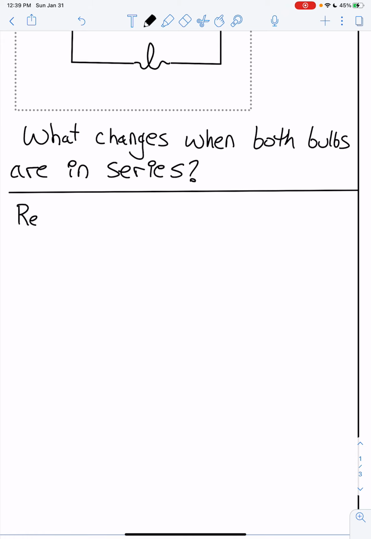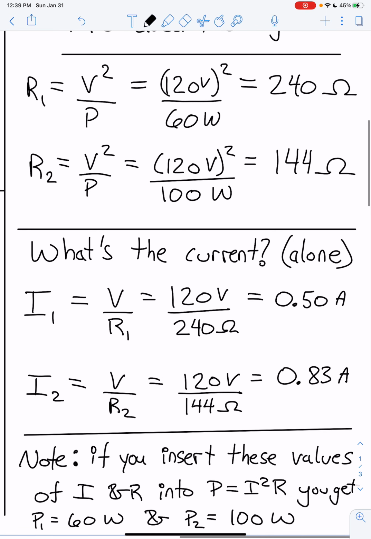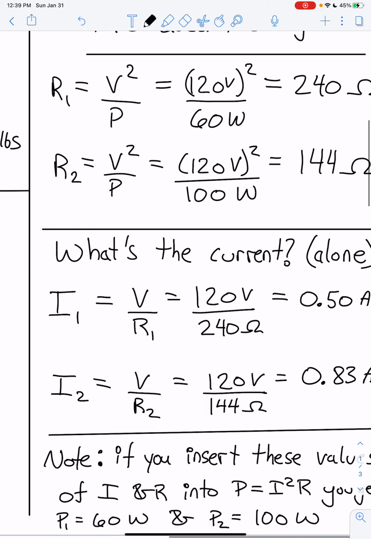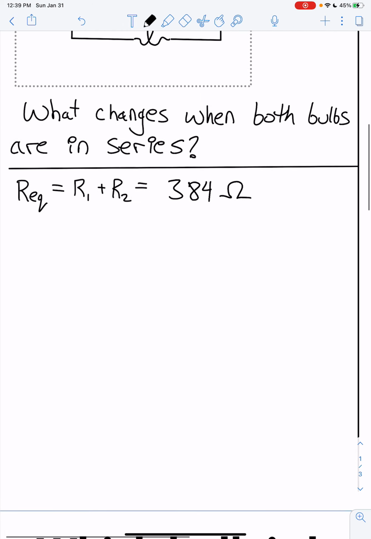Okay, so Req is now going to be R1 plus R2, and that's equal to 384 ohms. So we worked this out. There's 240 plus 144. So that's 384.